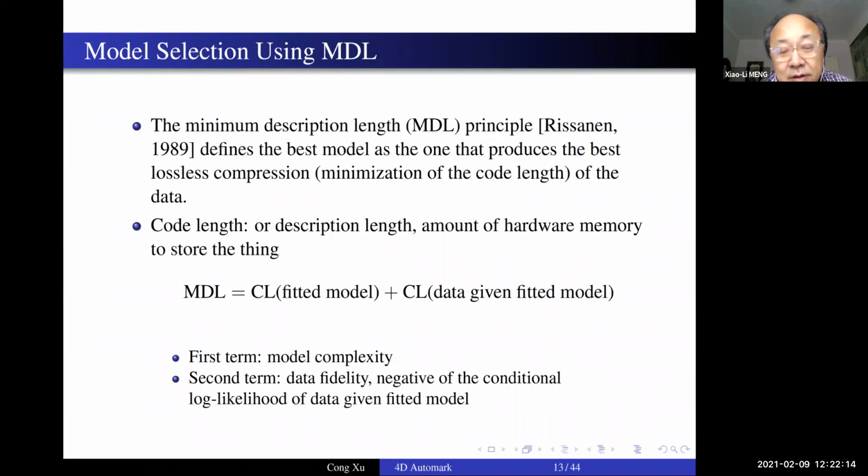Sorry, go ahead, Shirley. No, I was just going to say that this one always puzzles me. I talked to Thomas quite a bit of time. I think there's still something very mysterious about the MDL principle. It apparently certainly has been working quite well, and for me it's always very puzzling why the description, the hardware memory, that's something human invented, right?